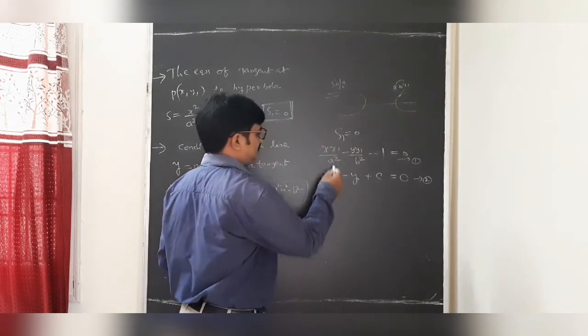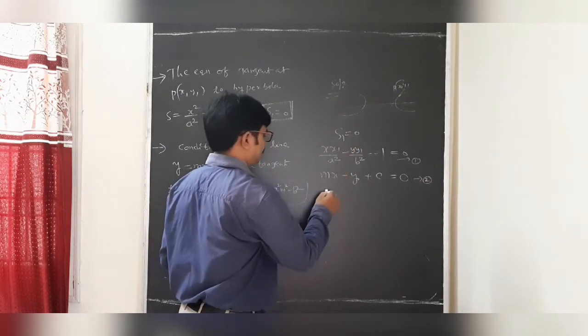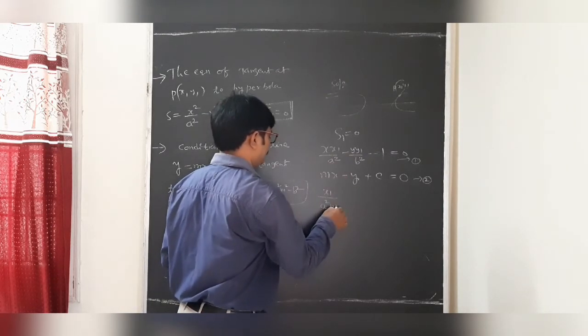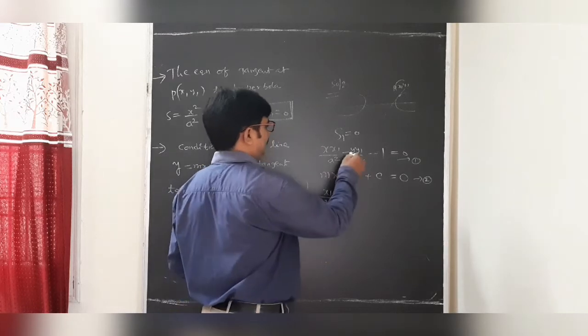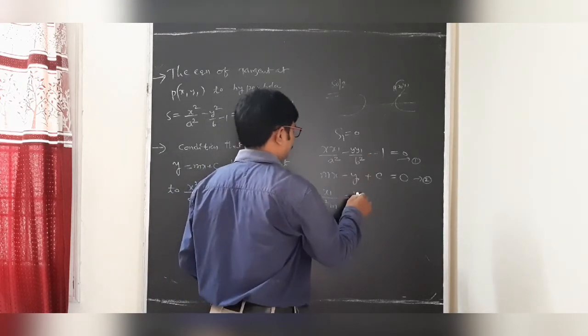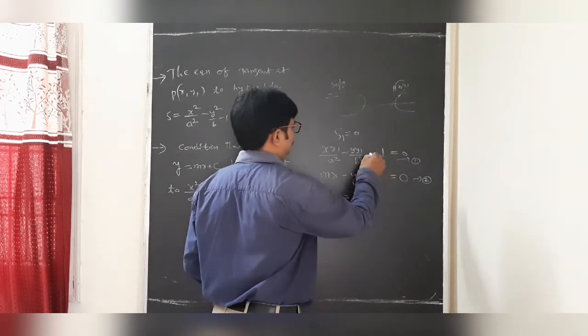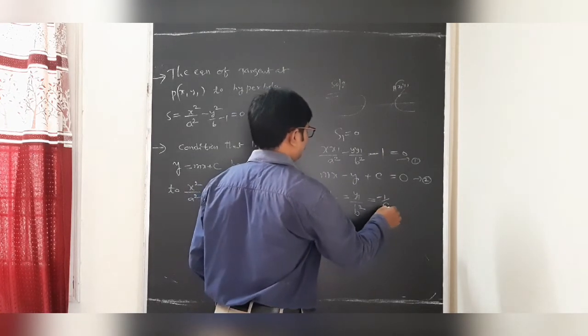That's why we can write x1 by a square by m, minus y1 by b square by minus 1, equal to 1 by c.